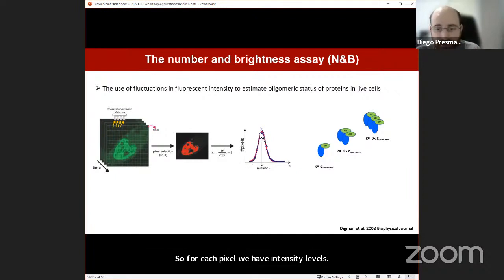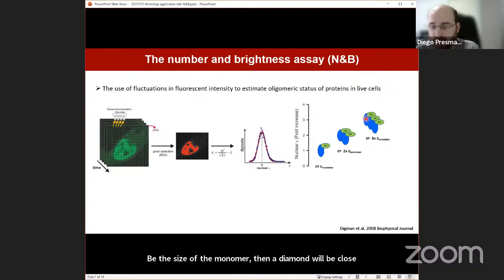Then we take all the pixels that correspond to the nuclear compartment, and we estimate some sort of average nuclear brightness. If we plot the average nuclear brightness relative to 1 being the monomer, then a dimer will be close to 2 and a trimer will have a relative brightness close to 3.